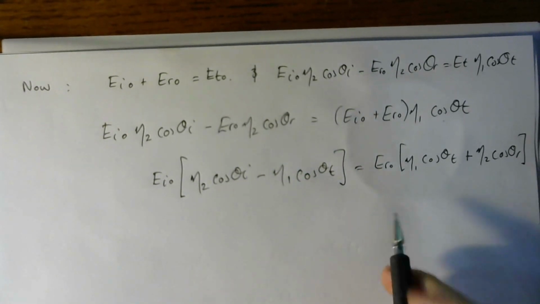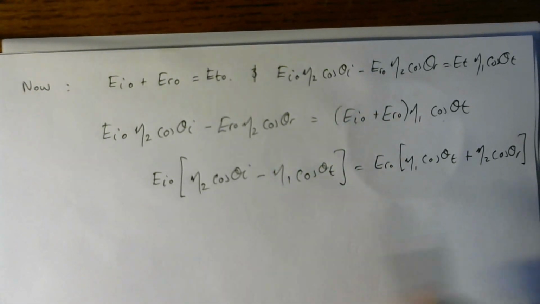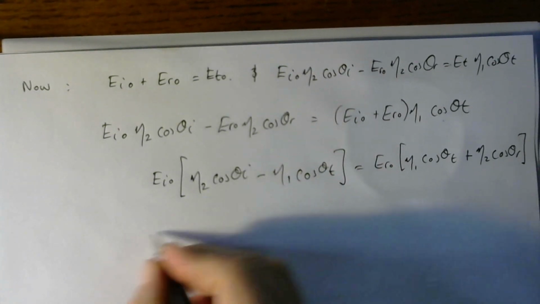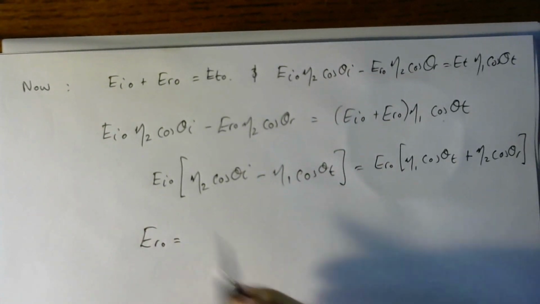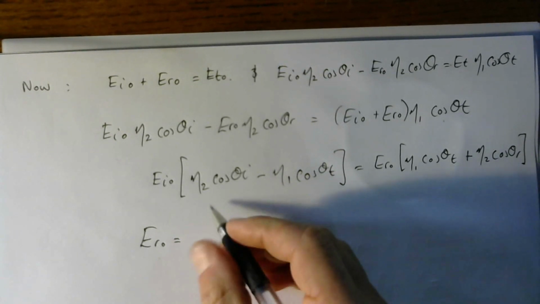If I have a coefficient times EI0 and a coefficient times ER0, I can now find an expression for ER0 in terms of EI0.